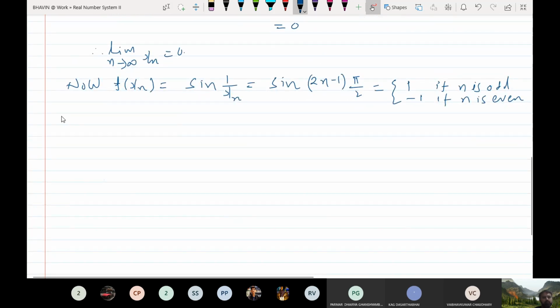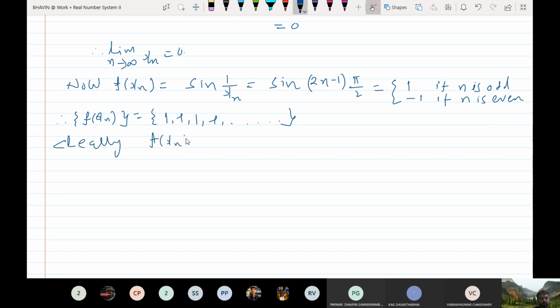Therefore f of xn is equal to 1, minus 1, 1, minus 1, and so on. So clearly f of xn is not convergent. This is an oscillating sequence. We have proved that actually this is nothing but minus 1 raised to n, and we have proved that this is not convergent.